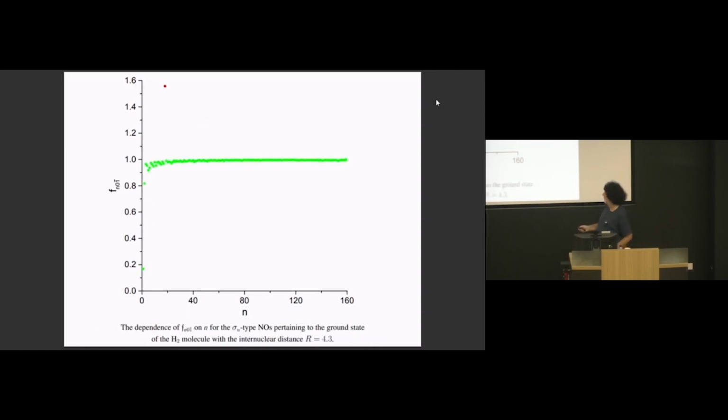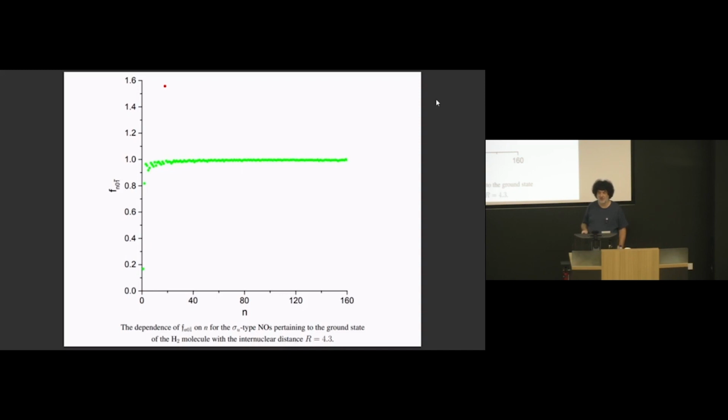We can do it also for the ground state of helium, and of the hydrogen 2 molecule with a stretched bond. And again, you can see there is a lot of noise, but we have everything going to 1 very quickly, very close to 1 and so on. But there is one guy that sticks out.